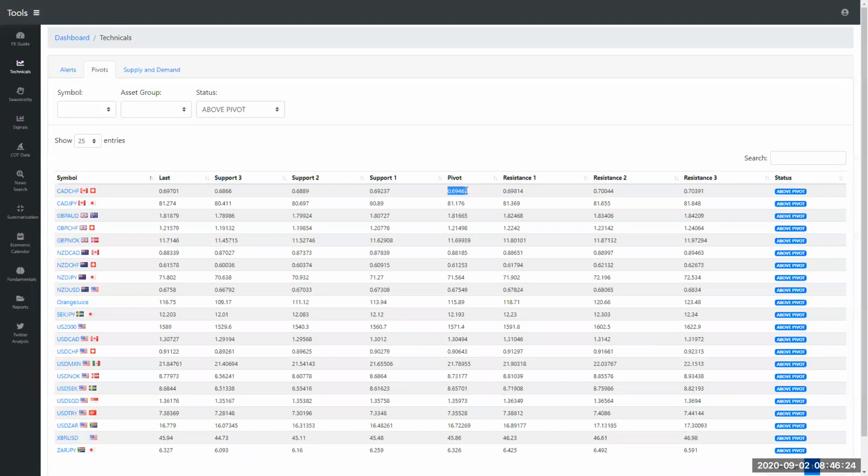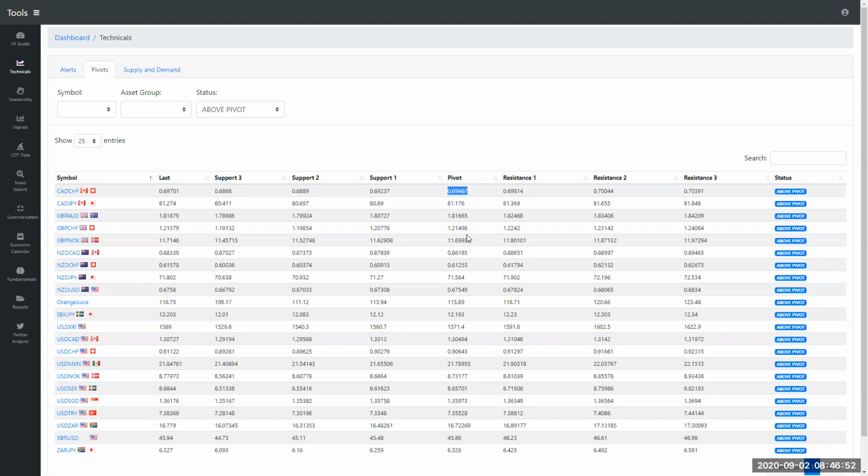This price level is the high from the past day plus the low from the past day plus the close from the last day, divided by 3. So we have the pivot point. The theory is that if we have price above the pivot point, we should look for long trades, and below, we should look for short trades.